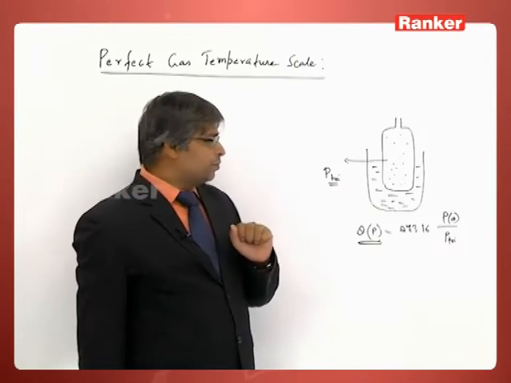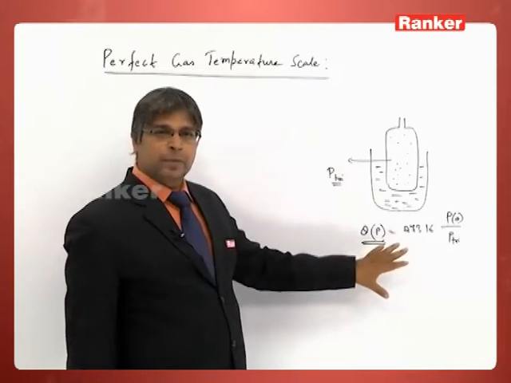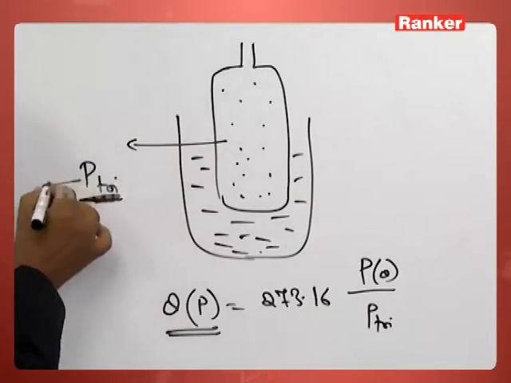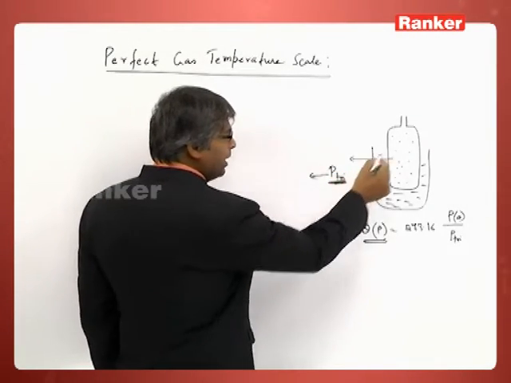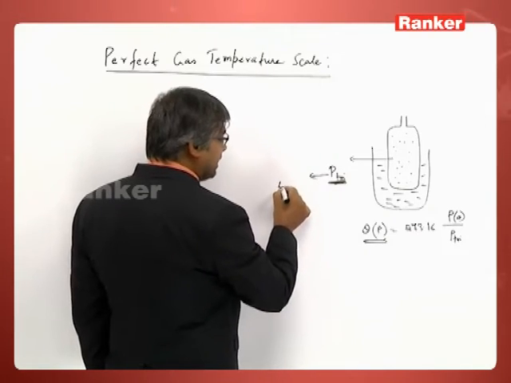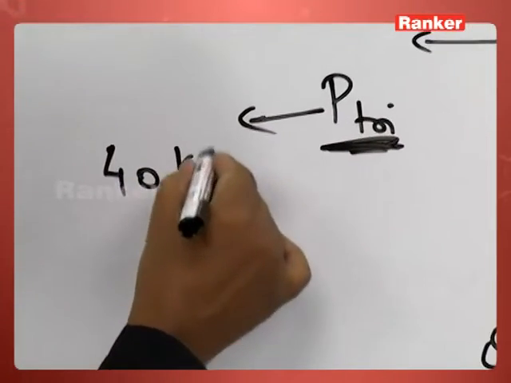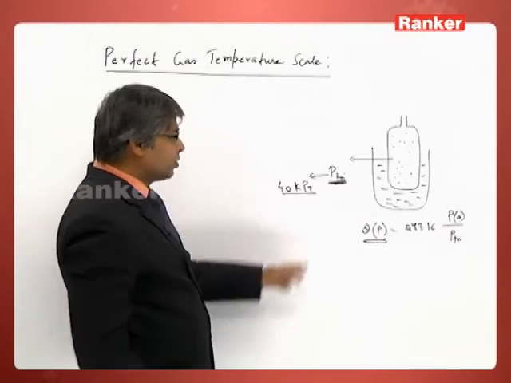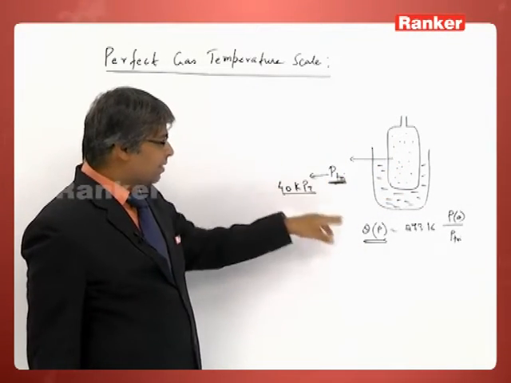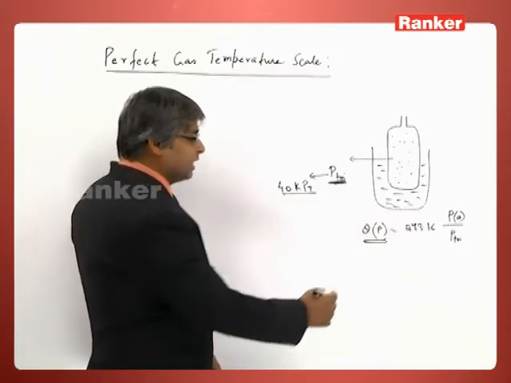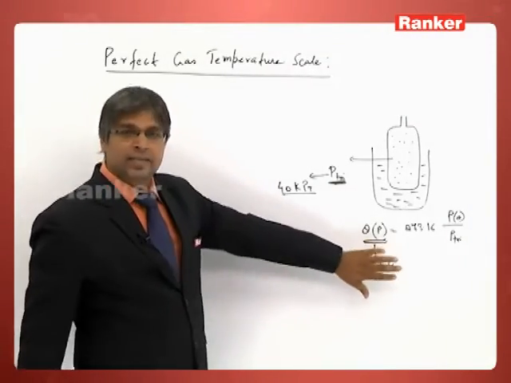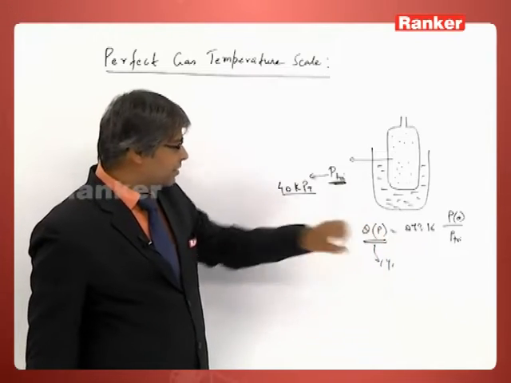Now while doing this experiment, we will first measure this pressure. At the triple point, what is the pressure? Suppose in the first set of experiment, I found it to be 40 kilopascal. So at the triple point this gas was at 40 kilopascal, and then I got some value of theta, and I will write this data.